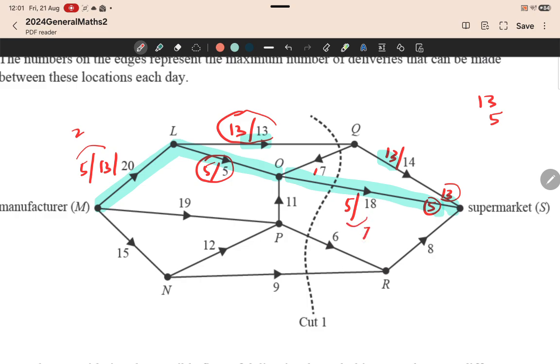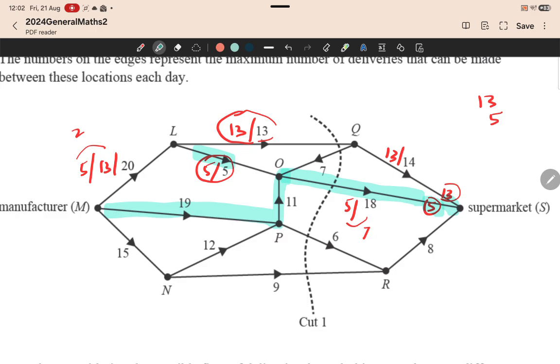So now let us see if there's any other path that can accommodate them. So the next path we look at, which doesn't have the maximum capacity along its path, is this one and that one.